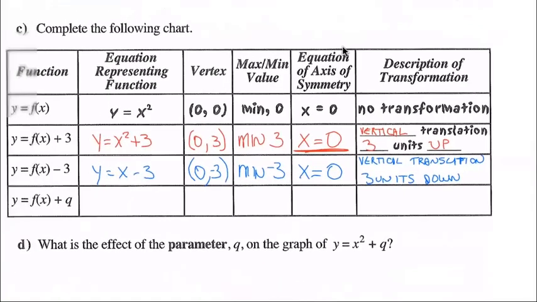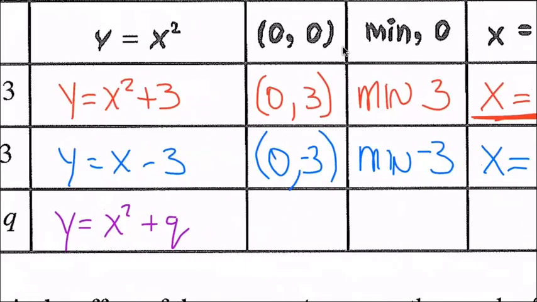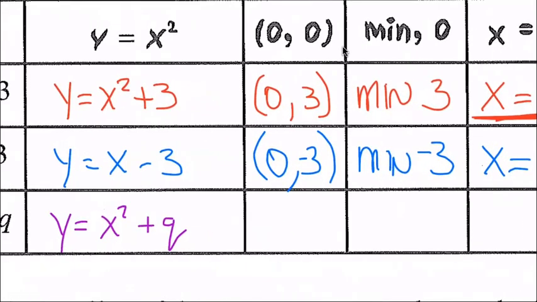What does the effect of the parameter q have on the graph? Oh, we didn't do our last line. F of x plus q. Let's go back to purple here. Y is equal to x squared plus q. What do we know about our vertex? 0, q.